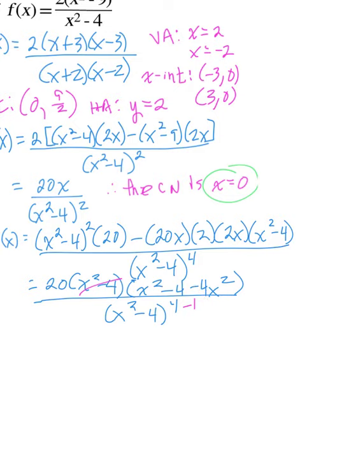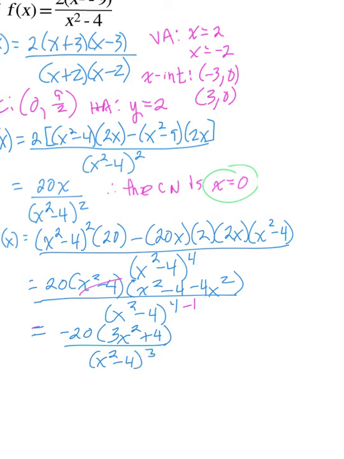You don't have to, but it's nicer to have your highest degree term positive. So that's what I choose to do. So we have negative 20 times 3x squared plus 4 all over x squared minus 4 to the 3rd.